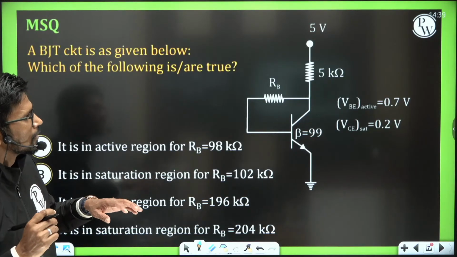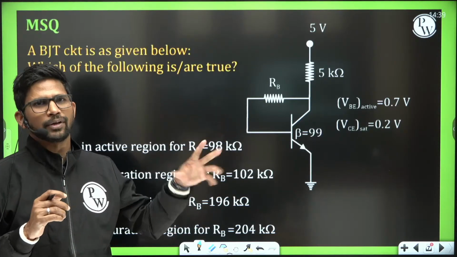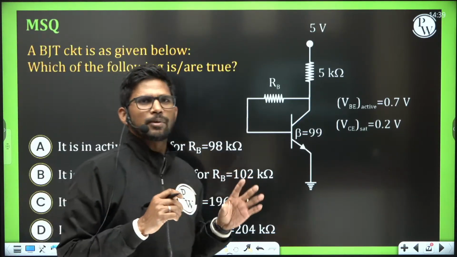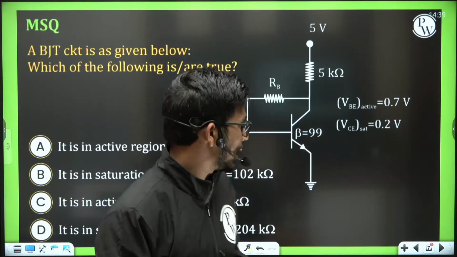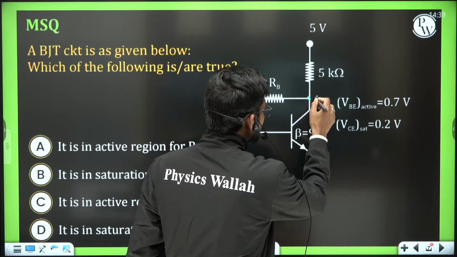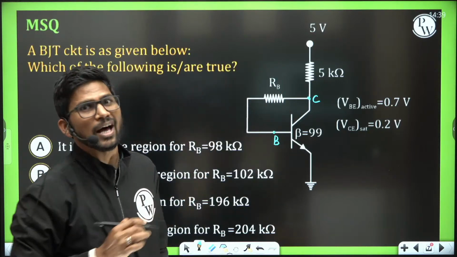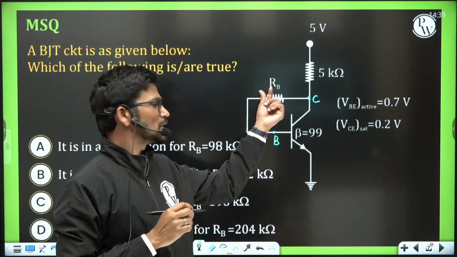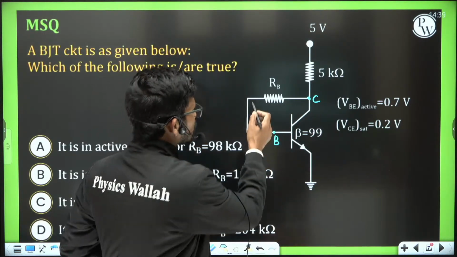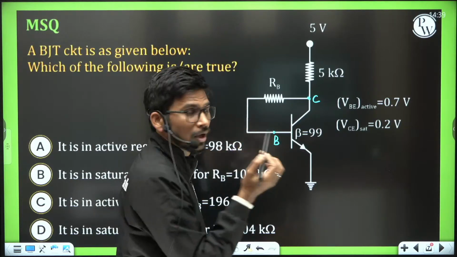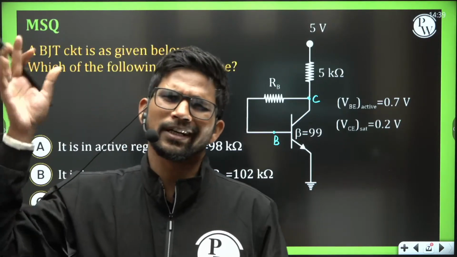Okay, so this BJT is definitely in on condition from the option, so I am not going to verify whether my BJT is on. Always remember, if a BJT has collector and base terminals connected through a resistance RB, this RB could be 0, that is, base and collector are shorted, or RB could be non-zero, like 10 kilo ohm, 30 kilo ohm, 100 kilo ohm, 200 kilo ohm, 300 kilo ohm.